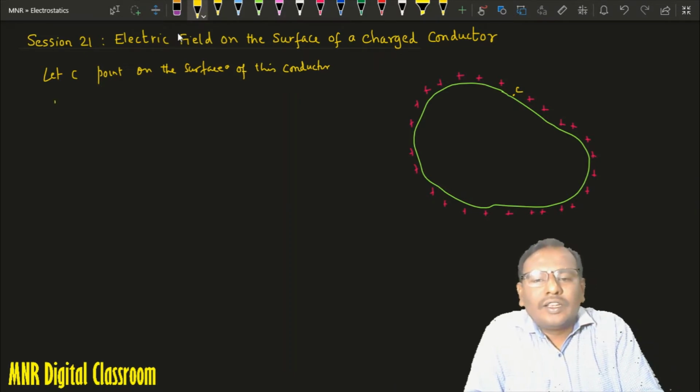Now let sigma be the local surface charge density.